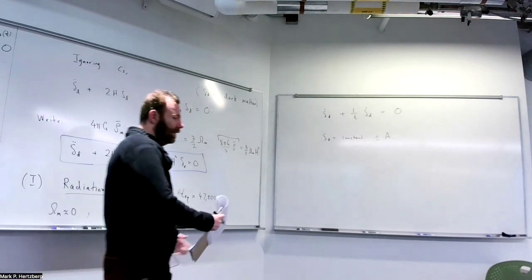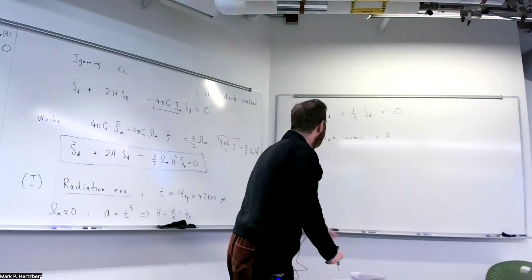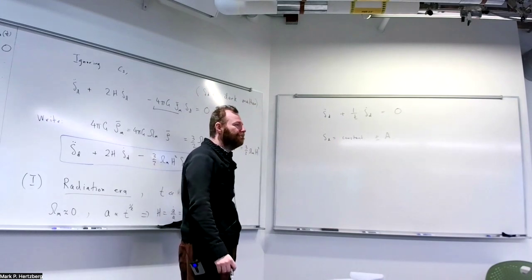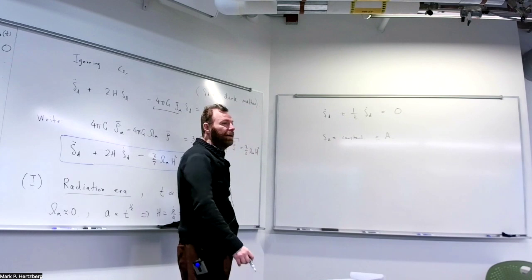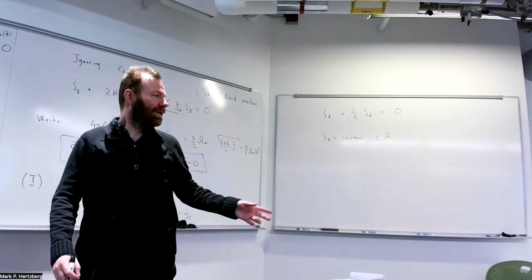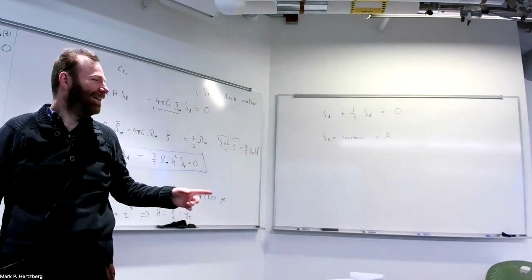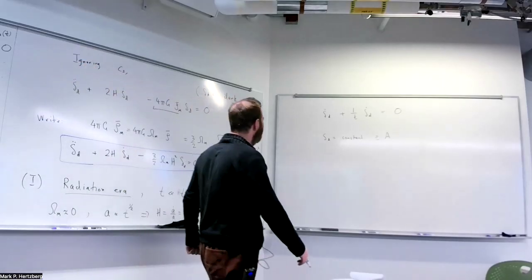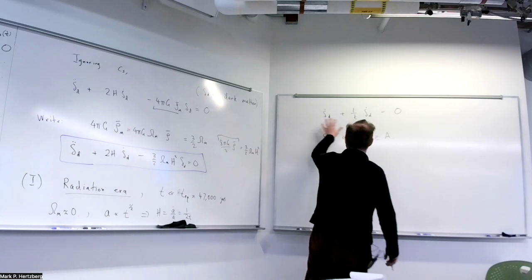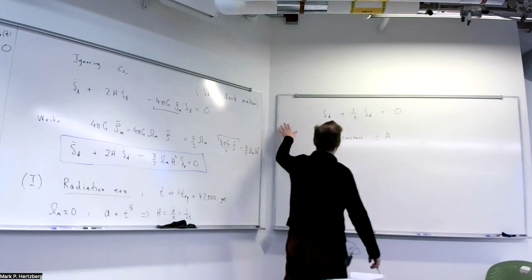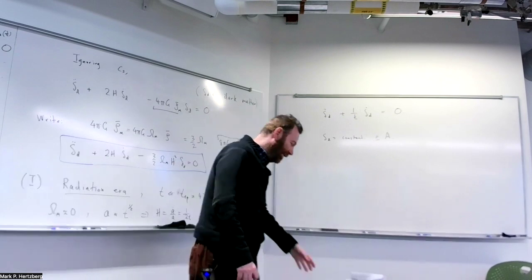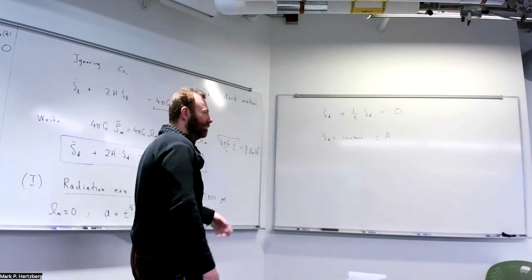I don't know if anyone can guess another solution. Maybe not so obvious. All right, another solution of this, we could get it because we could define a variable called delta dot and then use separation of variables and derive it directly. But another solution is a log.